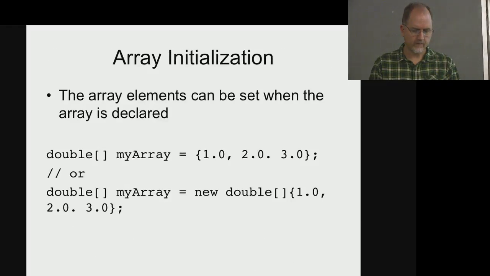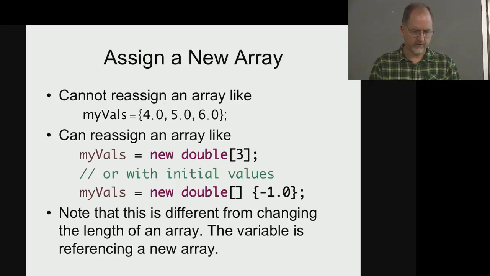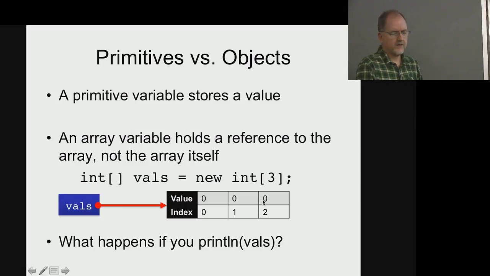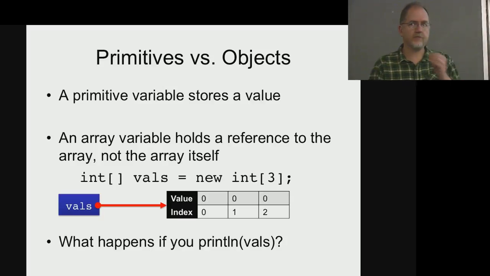All right, so you can't reassign it, but you can make either just a new empty array or use an initializer. So we've talked a little bit about primitives versus objects. And so a primitive, again, that variable is sort of directly looking at that value.